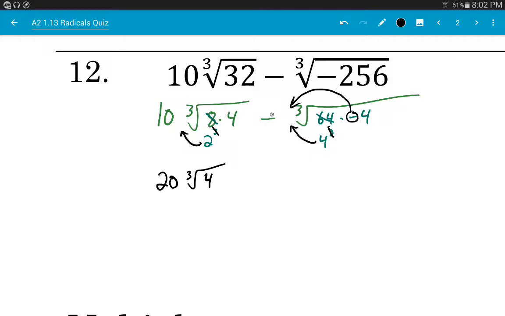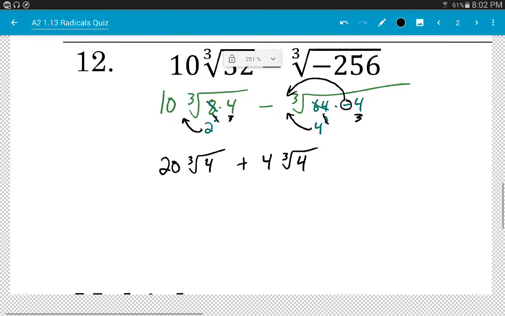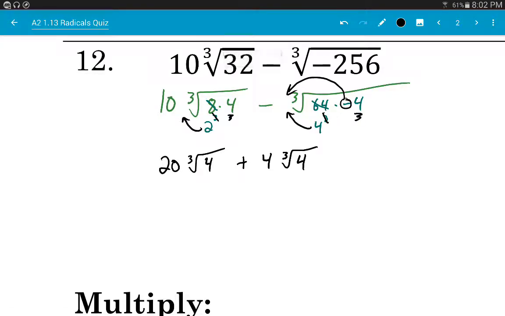On the right-hand side, I've got minus 4 and a negative, so minus and minus. These two negative signs are going to make this positive. The 4 is in front, and a cube root of who's stuck, which is just a 4, just like the other side. So 20 plus 4 is going to be 24 cube root of 4s.